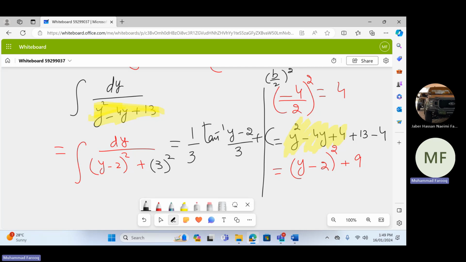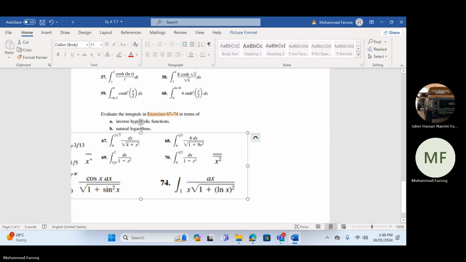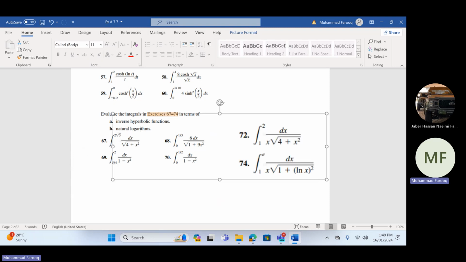This is an inverse trigonometric function. Understand? Let's take one hyperbolic function. I don't know if this really works or not.